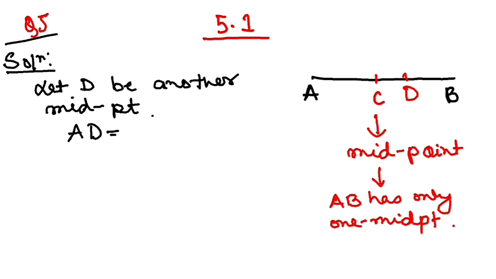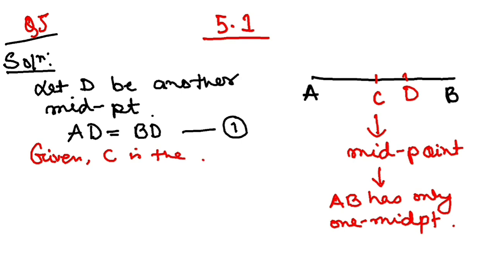AD is equal to BD. Right? But it was already given that C is the midpoint. So if C is the midpoint, then what I have AC is equal to BC.